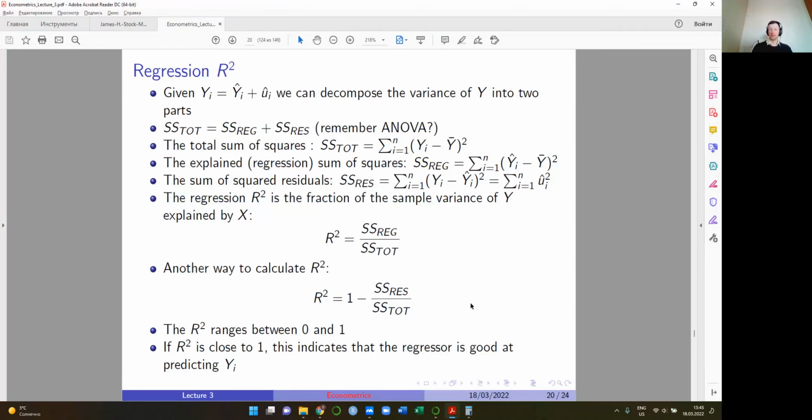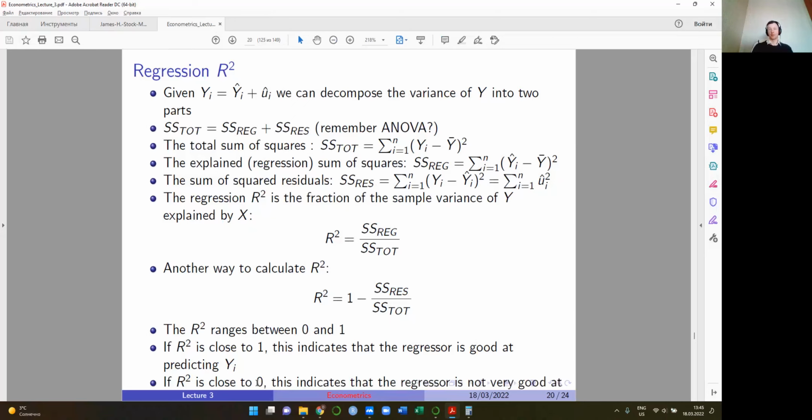If R squared is close to 1, this indicates that the regression sum of squares is large relative to the total sum of squares. What does this indicate? It indicates that the regressor is good at predicting y, right? So our model performs well and we are able to predict y more or less well.